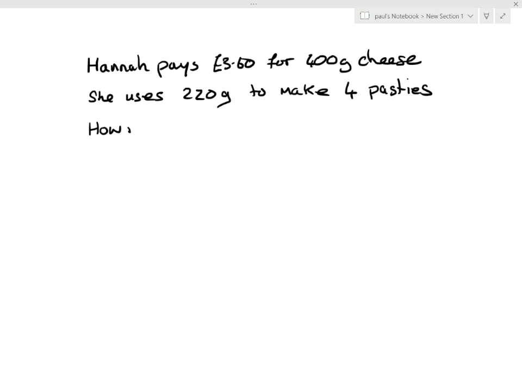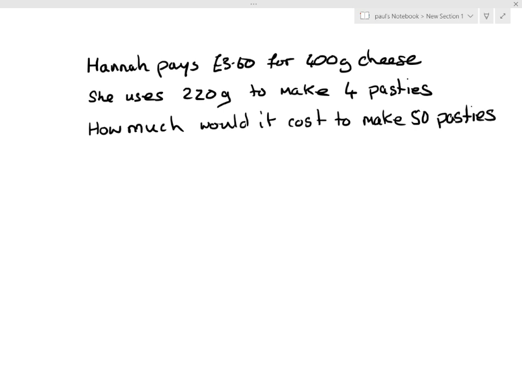How much would it cost to make 50 pasties? So this is direct proportion, isn't it? Because the more pasties you make, the more cheese you use. The more cheese you use, the higher the cost.